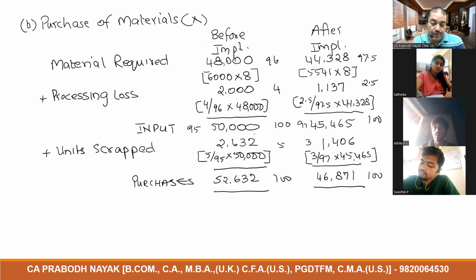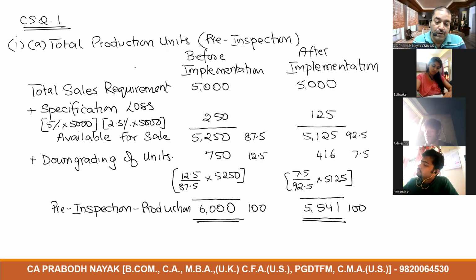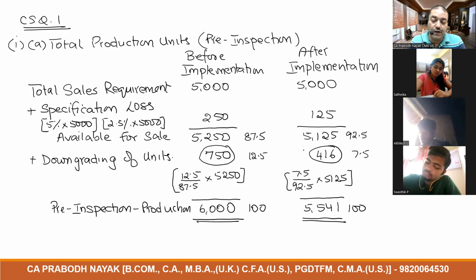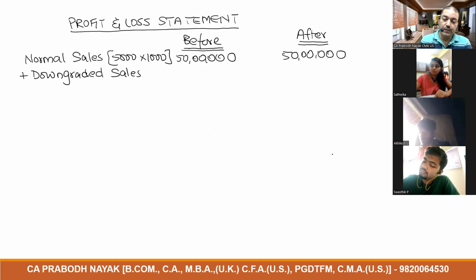Let us go to the first statement. Downgraded, downgraded. Here, look at this. 750 units are downgraded, so 750 units sold at 700. Here 416 units sold at 700. Write it down now.